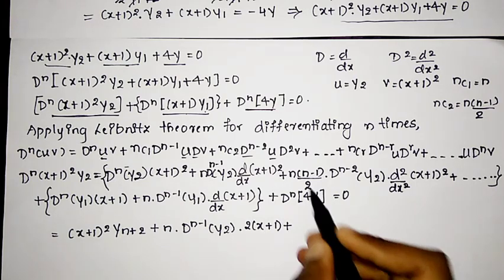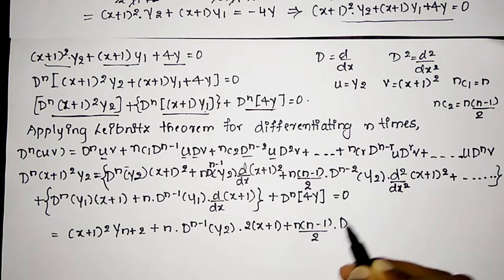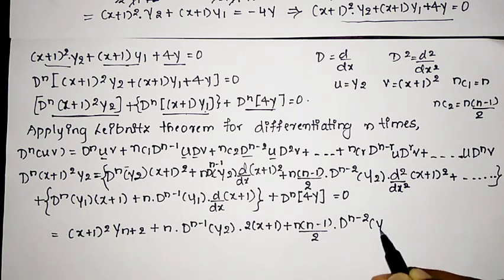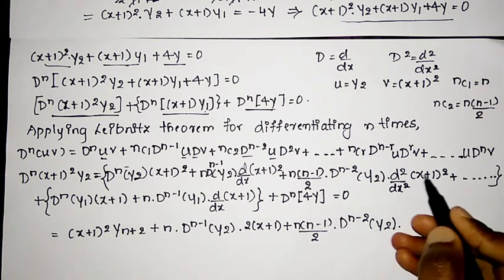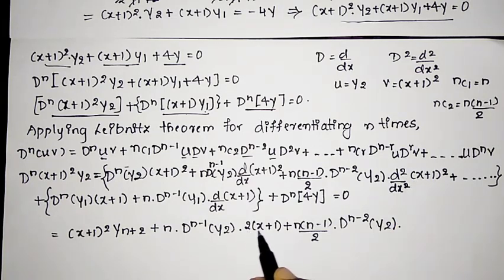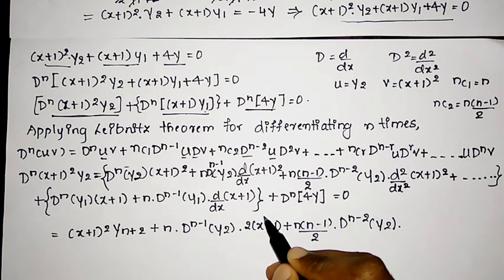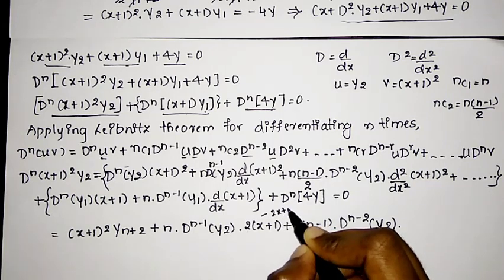So then plus, keep n into n minus 1 divided by 2, d raised to n minus 2 into y2. Then the second differentiation of x plus 1 whole square: the first differentiation is 2 into x plus 1, then the second differentiation, if you multiply inside, will be 2x plus 2.